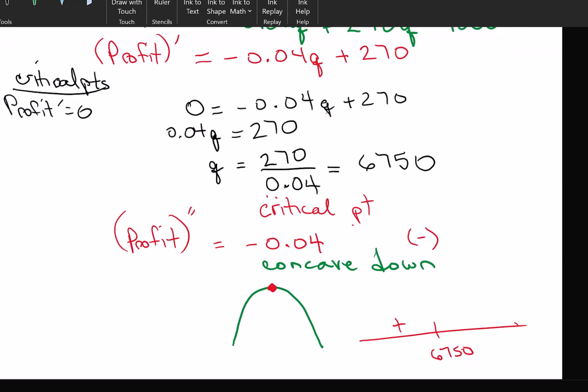When Q is 10,000, we would have negative 400 plus 270, which would be negative. So again, we would be increasing then decreasing.